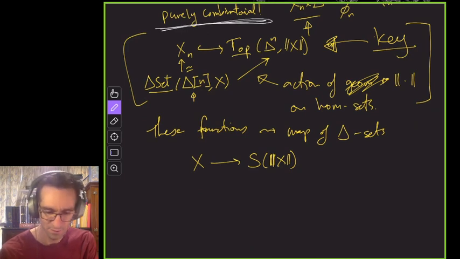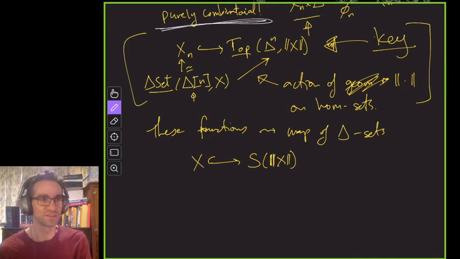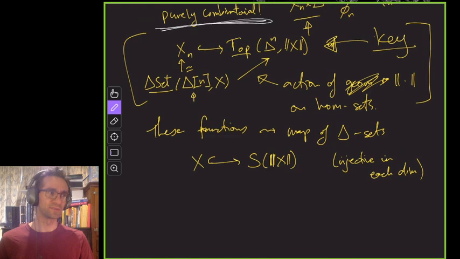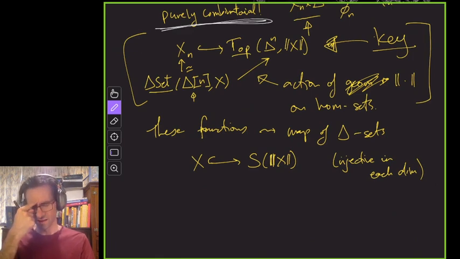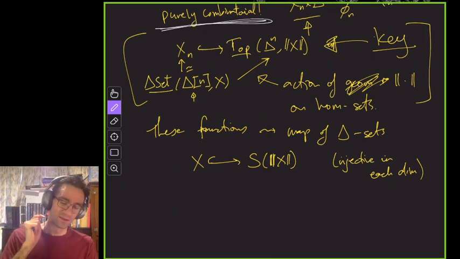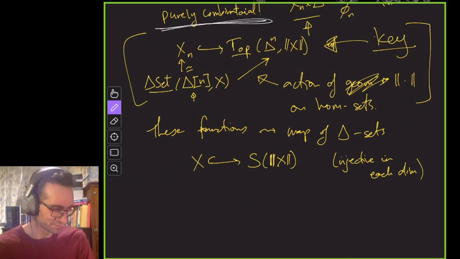And it's in fact a sub delta set. It's injective in each dimension. I mean, that's something you have to check, it's a little bit involved, but it comes from the compatibility of the face maps for the topological simplex and the combinatorics of that, and how it relates to the face maps of X.